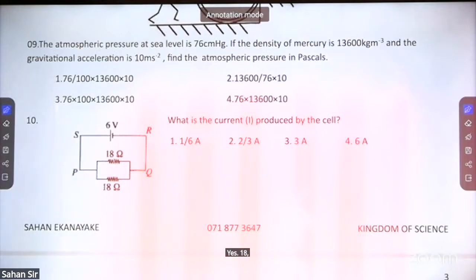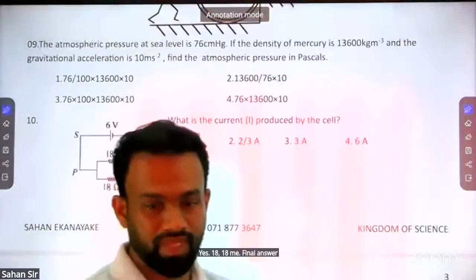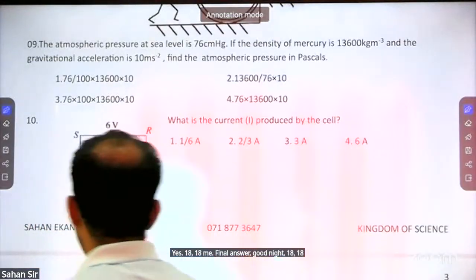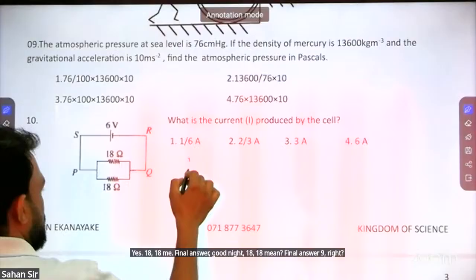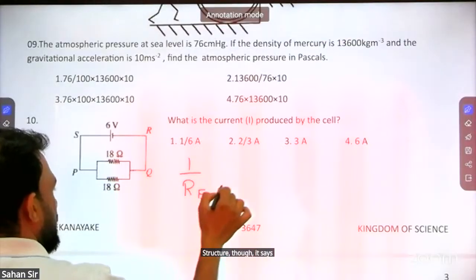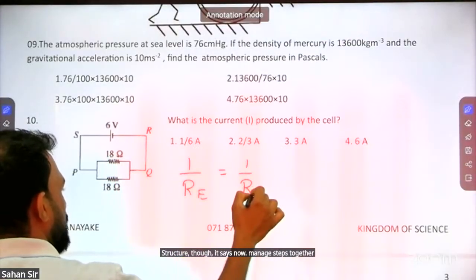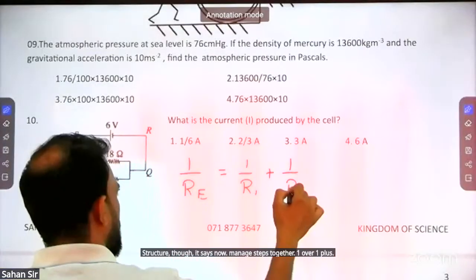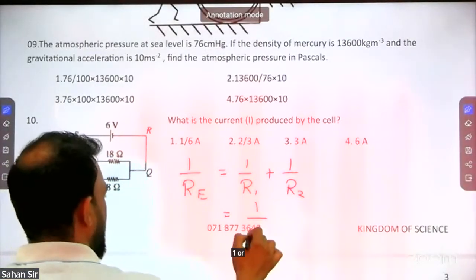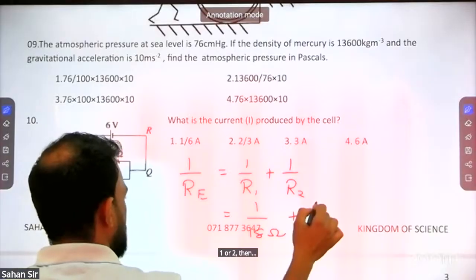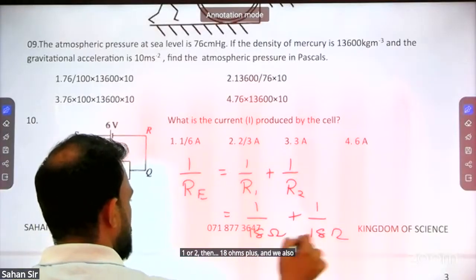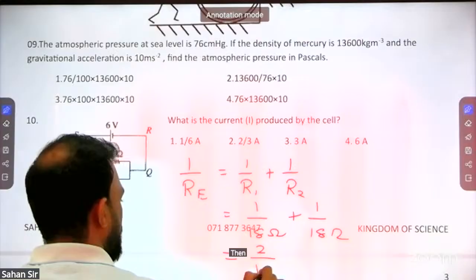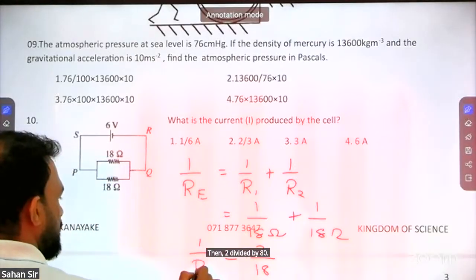18 means final answer 9, right? Many steps together. 1 over R1 plus 1 over R2, then 18 ohms plus, and here also 18 ohms, then 2 divided by 18, 1 over RE.